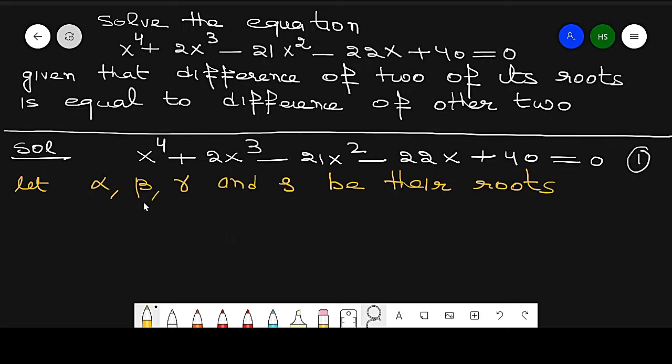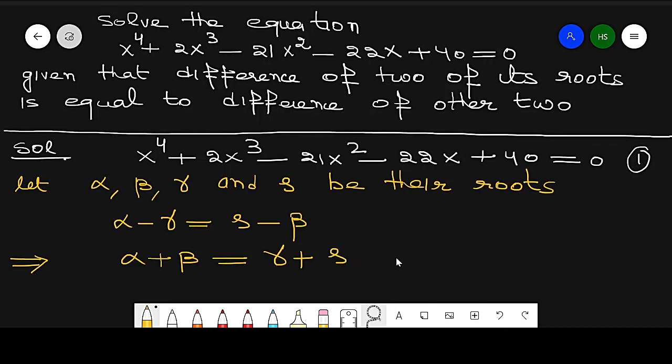Suppose the difference is alpha minus gamma, which is equal to delta minus beta. So the difference between these two is equal to the difference between beta and delta. It implies alpha plus beta is equal to gamma plus delta. It means the sum of two roots is equal to the sum of the other two.